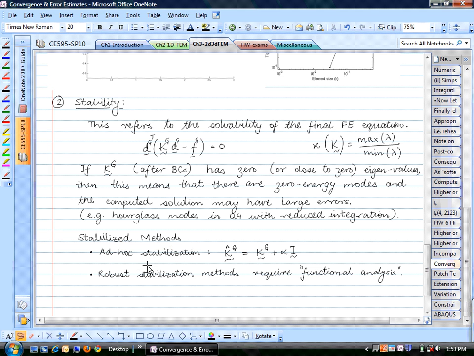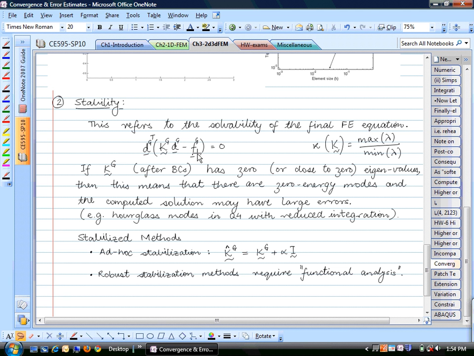Just to give you an example of what these stabilized methods do, I will take this global stiffness matrix and add some alpha times identity. I just told you that identity is a perfectly well-conditioned matrix, right? So if I add these two, it becomes well conditioned. But the trouble is that you cannot just arbitrarily add some alpha times identity, because your solution will change.